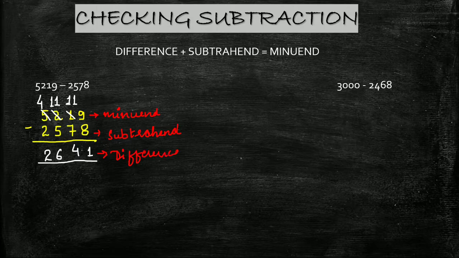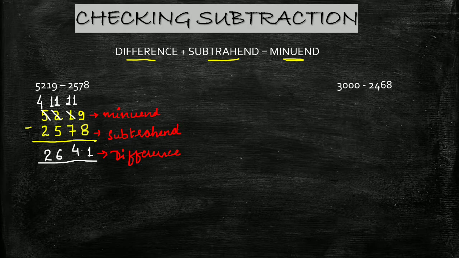So if we have to check our subtraction sum, then we have to add the difference and the subtrahend, and it should be equal to the minuend. If the sum of difference and subtrahend is equal to the minuend, then the subtraction sum is verified.